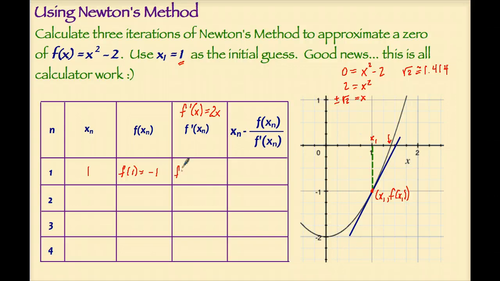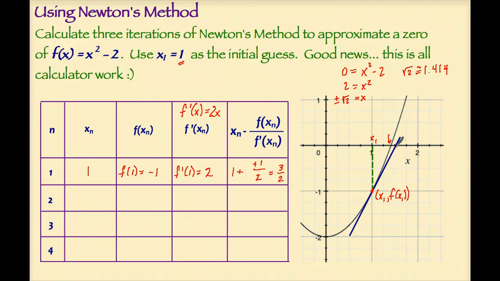And then the first derivative at 1 is 2 times 1, which is 2. Therefore, my first approximation can be calculated this way: the initial guess minus the function value over the first derivative at that guess. Since 1 minus a negative half becomes 1 plus 1/2, my first approximation is 3/2.